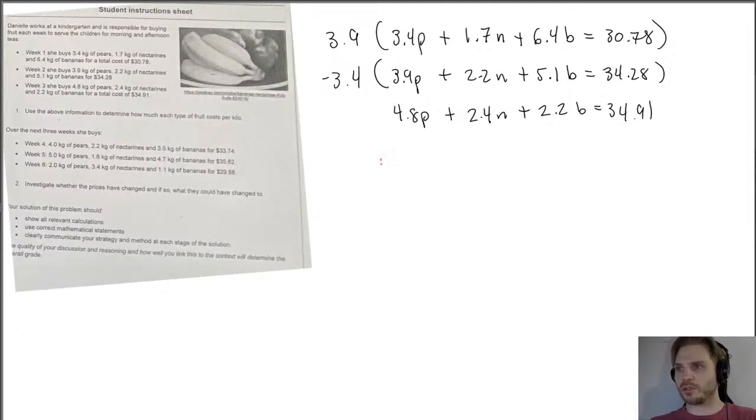This is going to be 13.26p, 3.9 times 1.7, 6.63, and 3.9 times 6.4, 24.96, and 3.9 times 30.78, 120.042.